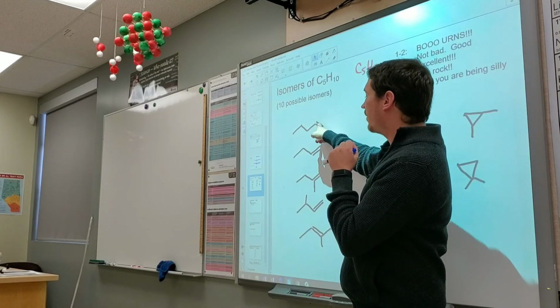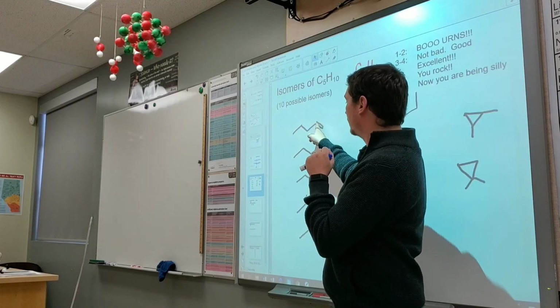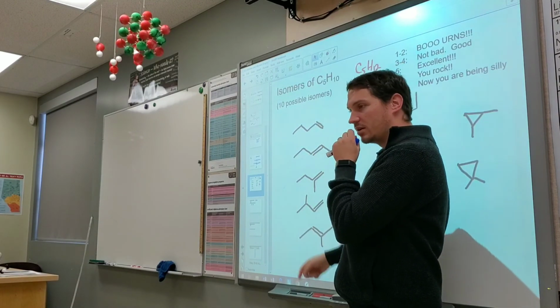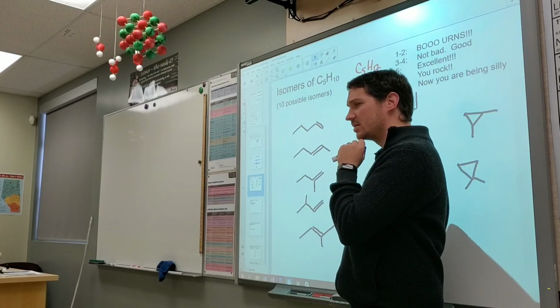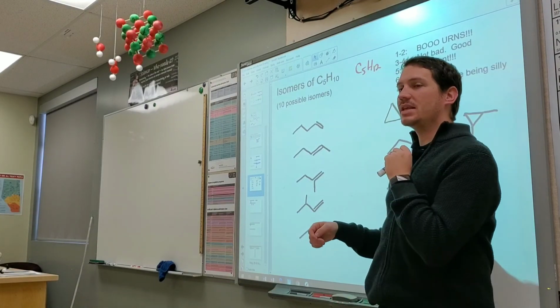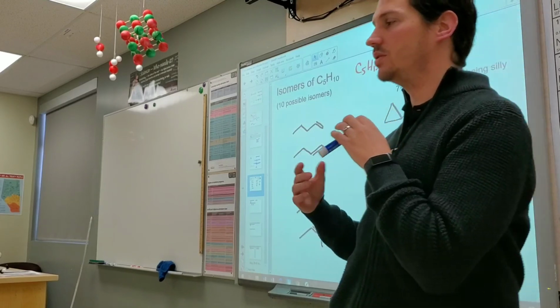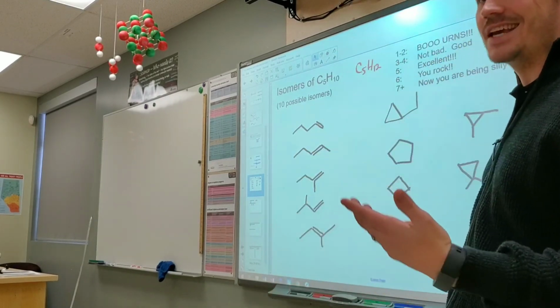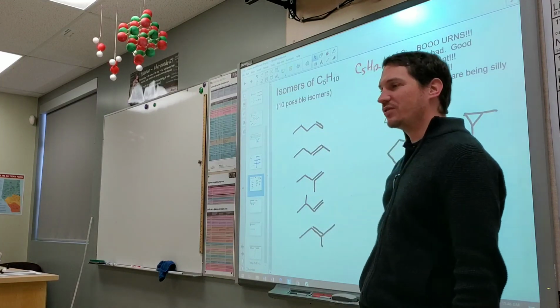If I broke off this double bond, could I add an extra hydrogen here and an extra hydrogen here? You could, right? Anything with a double bond means that it is not saturated. What would be the term for not saturated? Unsaturated. And so these are all unsaturated molecules.